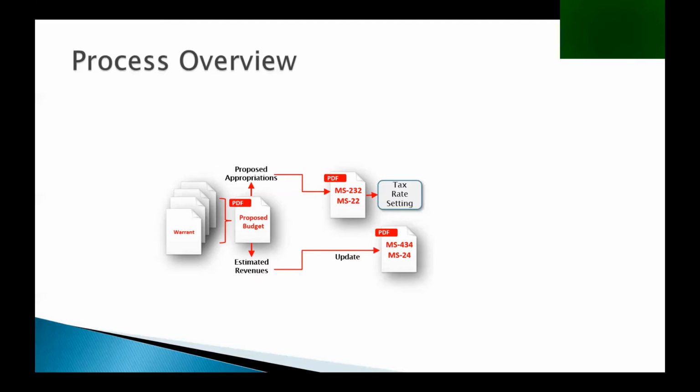The process takes the appropriations, so the money that you want to spend, it takes your revenue estimates, and then it incorporates the valuation of your community, which comes from the assessment web portal in the form of the MS1, or for a village district, the MS1V, and we calculate a tax rate from those three pieces. It's essentially appropriations minus revenues to figure out how much you need to raise through taxes, and then we divide it by the valuation of the municipality, and you get a tax rate.